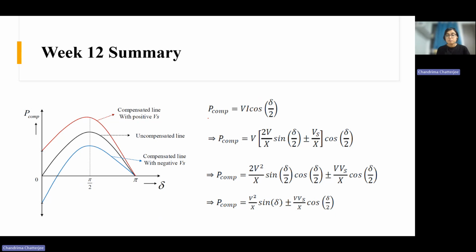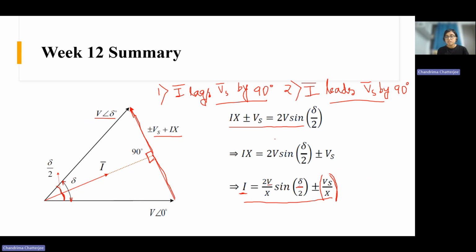Now if we compute the active power, what is the active power? V I cos delta by 2, because the phase difference between the line current and the voltage is delta by 2. Now substitute I with the expression that we just got.